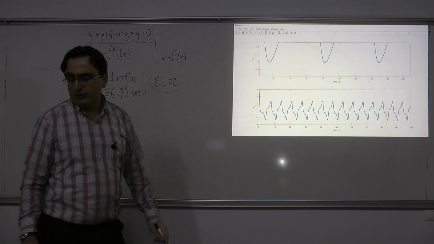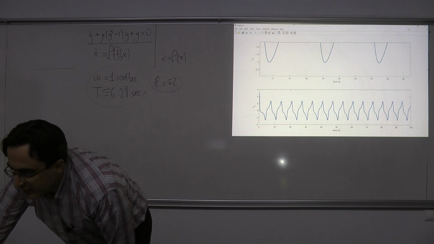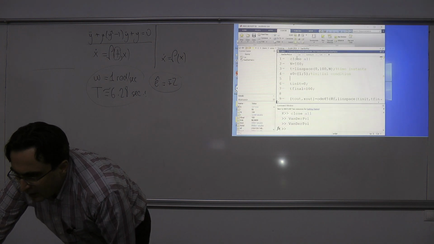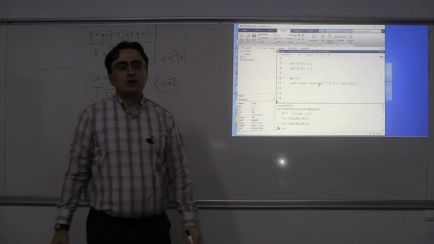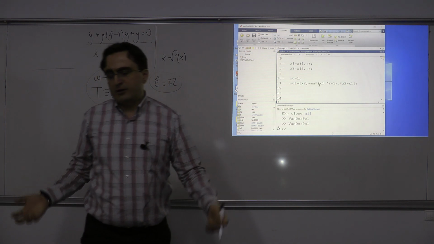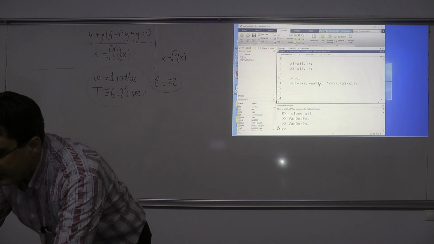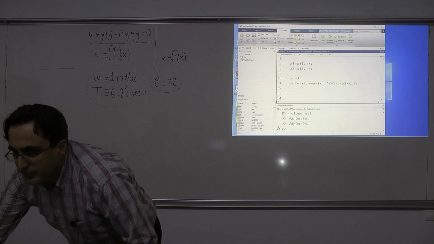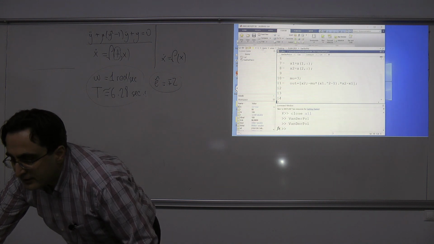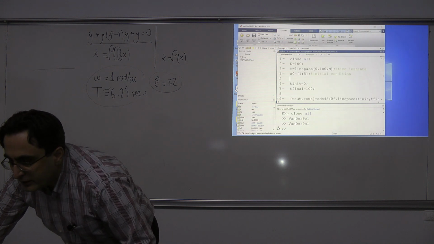In the simulations, as you might remember, in my f function, I have selected mu equals to 1. So I can just choose another mu value and try to see if these results are really independent of the mu value. So I select mu equals to 3 and run it once more.